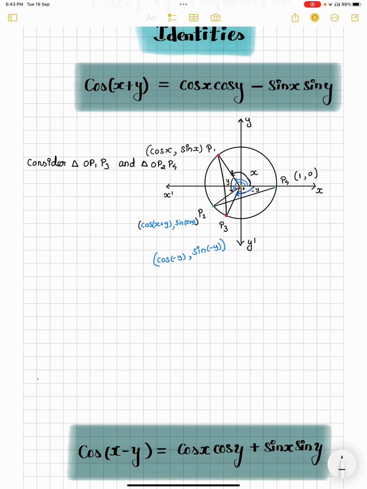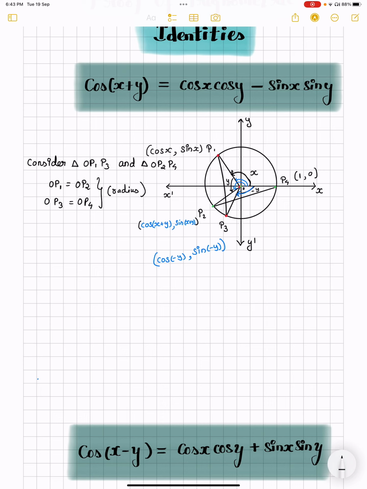I would say that OP1 is equal to OP2 and then OP3 is equal to OP4. Why is that? Both are equal. The reason is only one reason because they are radius. And our radius is equal to 1 because it's a unit circle. The radius is always going to be same. That's the reason these two are equal.